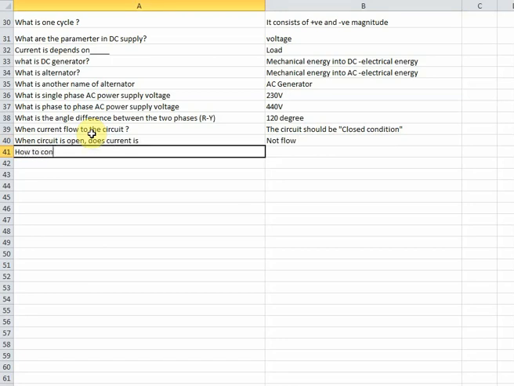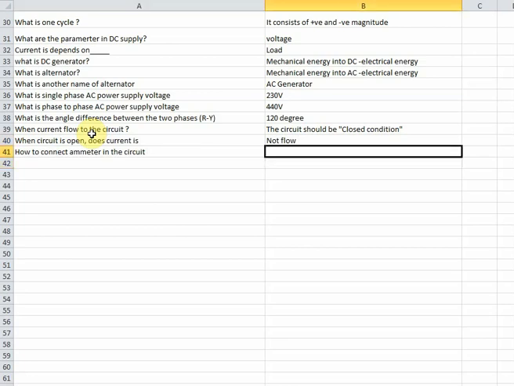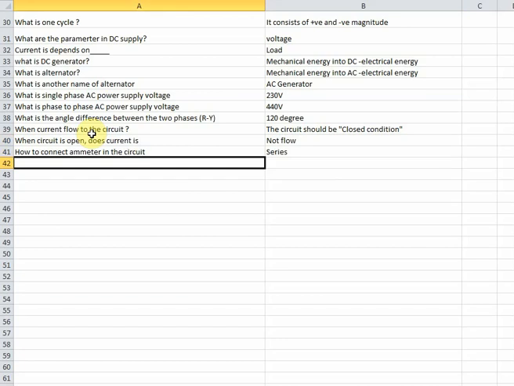How to connect the ammeter in the circuit? In series. How to connect the voltmeter in the circuit? Parallel.